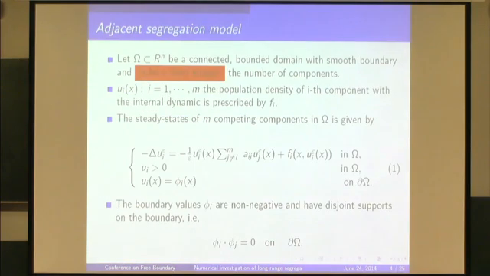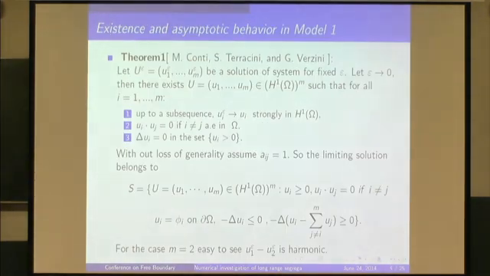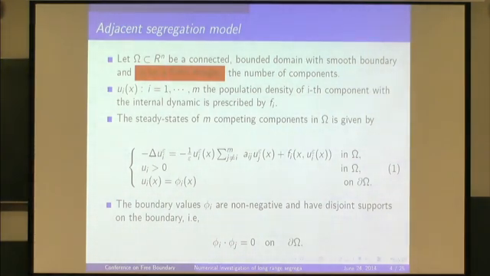Okay, so what is the first model? Assume I have a nice domain omega in Rn, mainly for simulation, of course, n equal 2, and just to understand the model much better, sometimes I let n be 1. ui shows the density of the ith component, and the internal dynamic is given by Fi. m is fixed, m is the number of species.